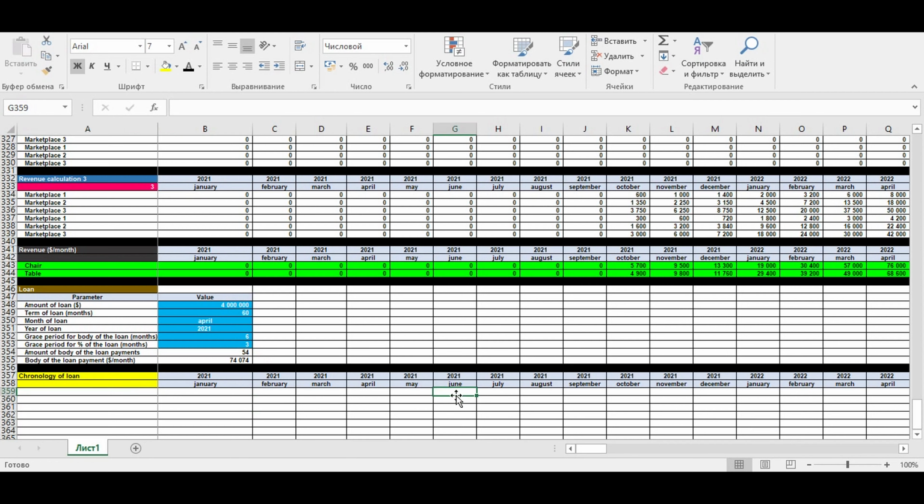We have to put the inflow of the loan on our chronology. Look how it's done.